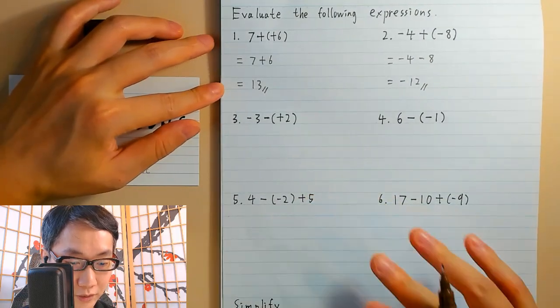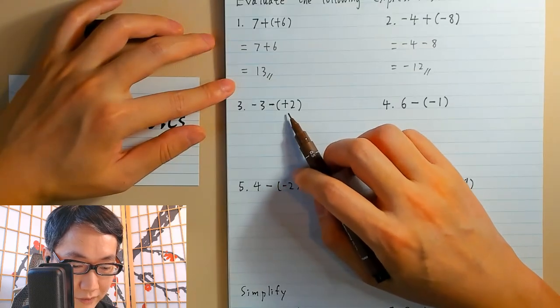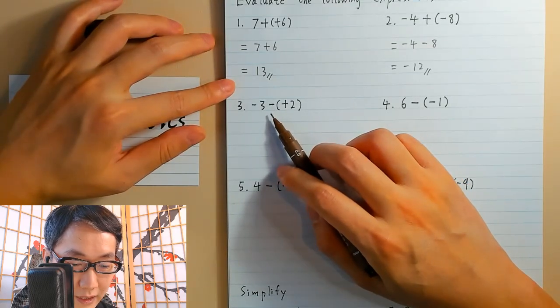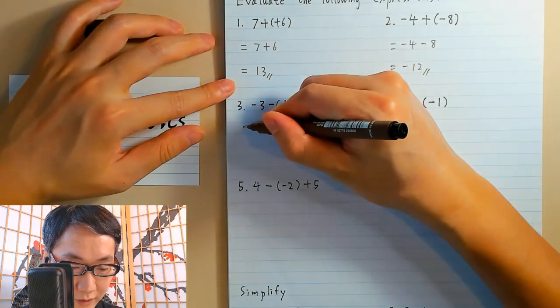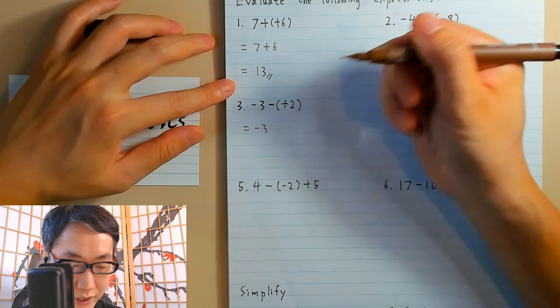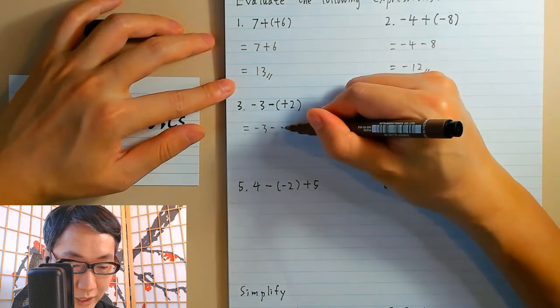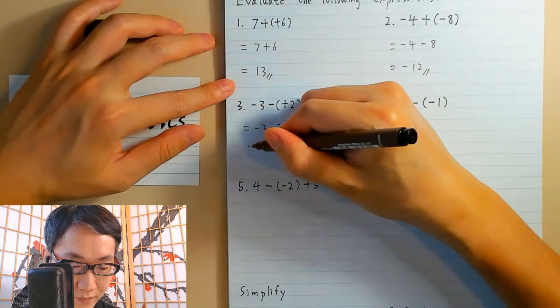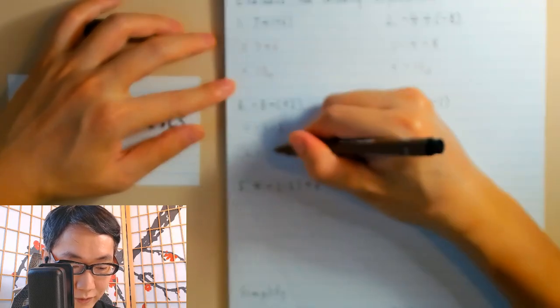Okay, third one, negative 3 minus positive 2. So minus is do the reverse of the next term. So we have negative 3, and reverse of positive 2 is negative 2. So, and then do negative 2. So we have negative 5.